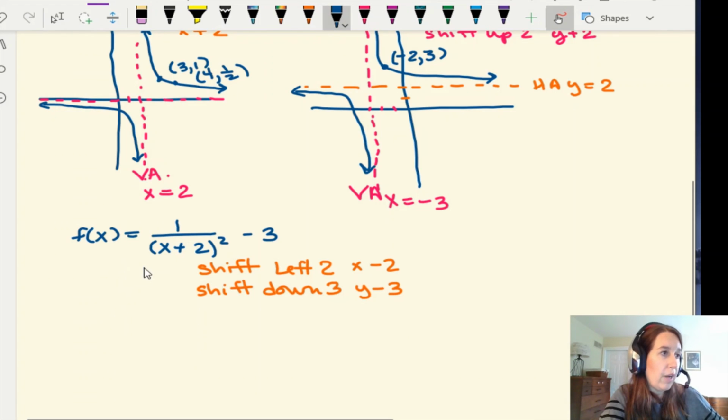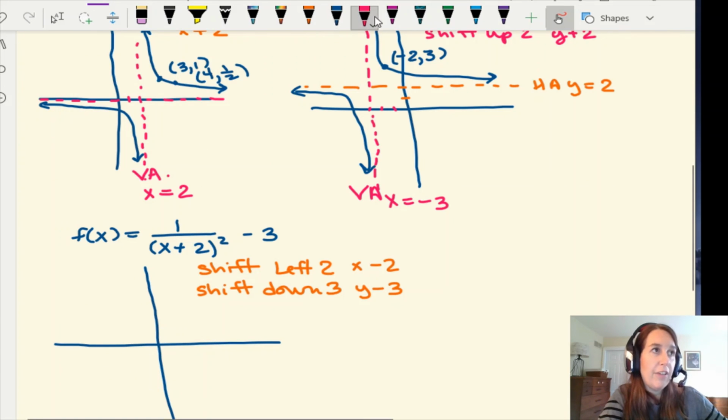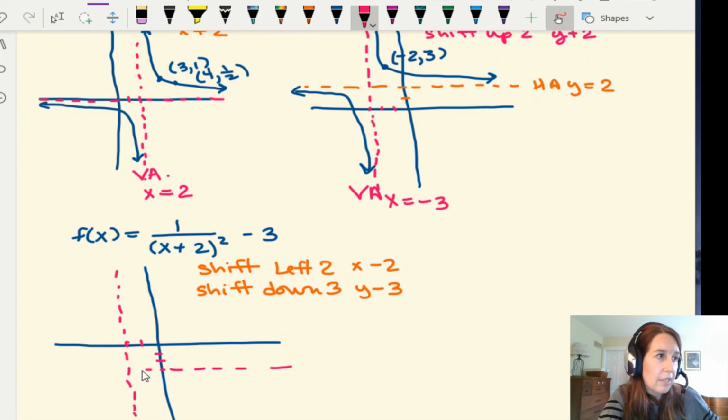So when we graph this, remember that we're actually graphing the second version of the graph, the 1 over x squared graph. So if we shift left 2, that moves our vertical asymptote. And if we shift down 3, that moves our horizontal asymptote.